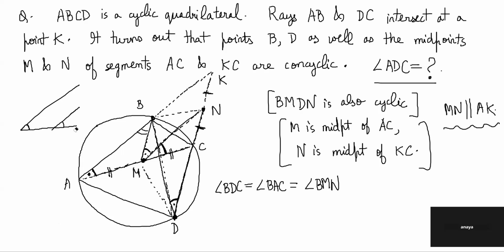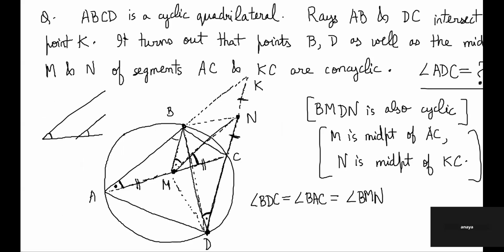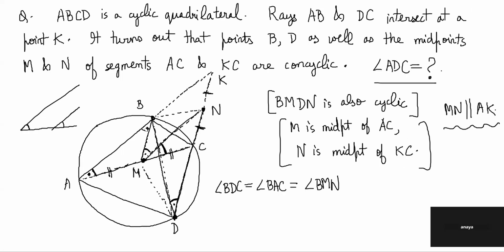Basically, all of these angles are equal. This angle is equal to this angle is equal to this angle is equal to this angle. Why? Because they're parallel. We already have these angles are equal.